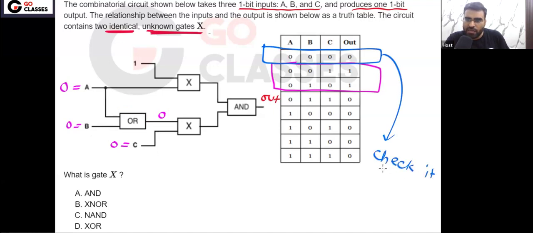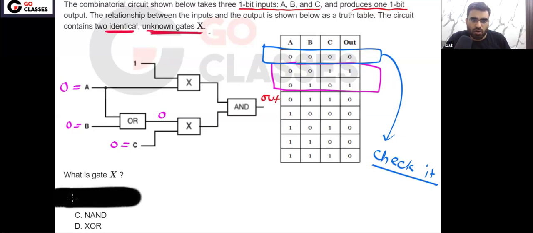Did you understand why I am checking this tuple? I am checking the first tuple because two options are remaining. The other options are already gone.